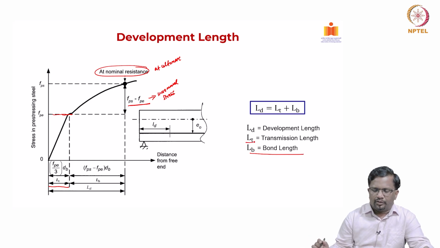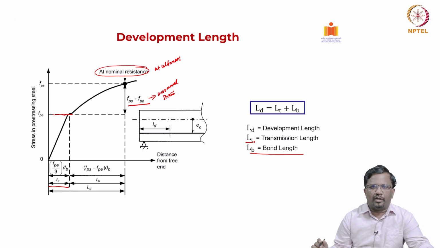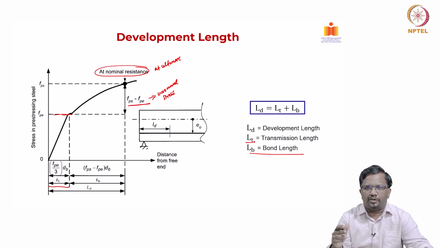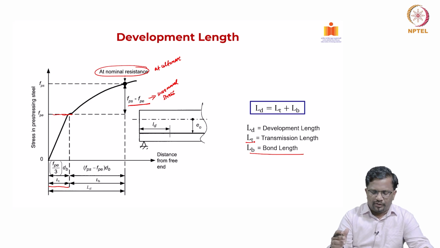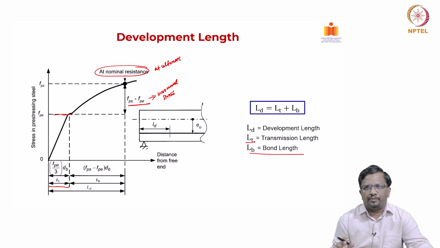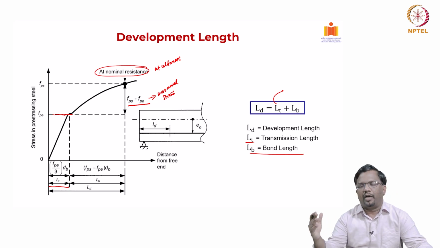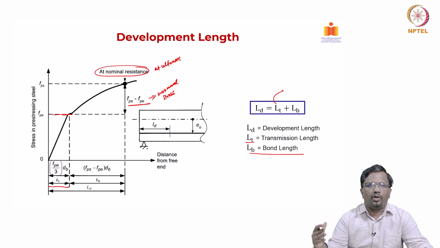So, that means my total development length to reach the ultimate stress requirement, LT and LB have to be added up to get the development length. So, it has two components: one is the transfer length to transfer the effective prestress, and LB is the bond length that is required to develop that additional stress.